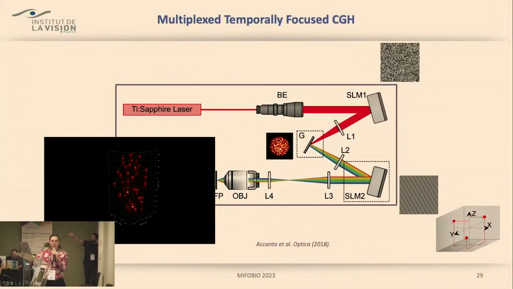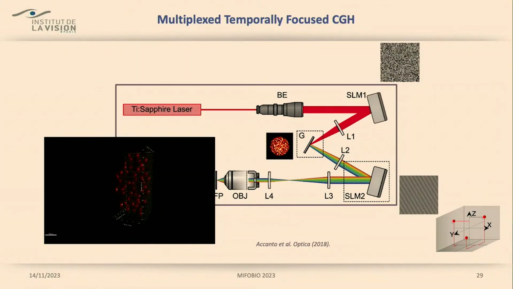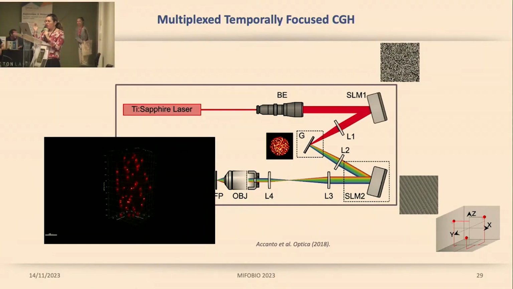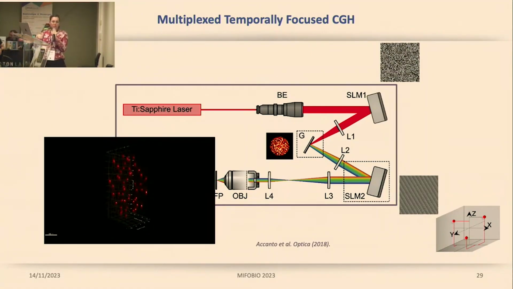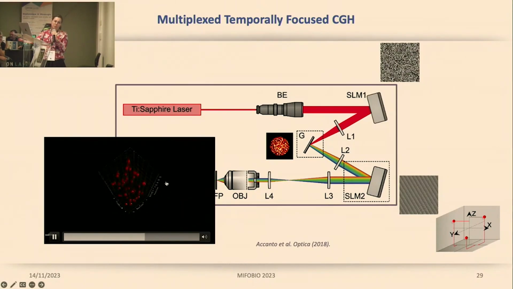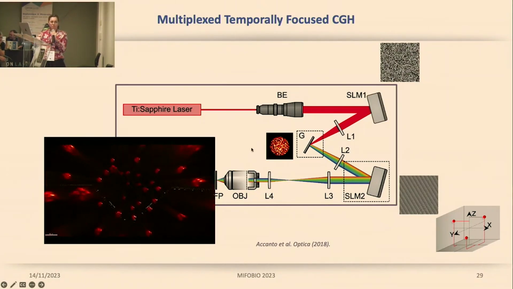In this way, we managed to show that we can actually have several temporally focused spots in a volume, and they can all be nicely confined without having crosstalk in the excitation between them, even when they are fairly close together.